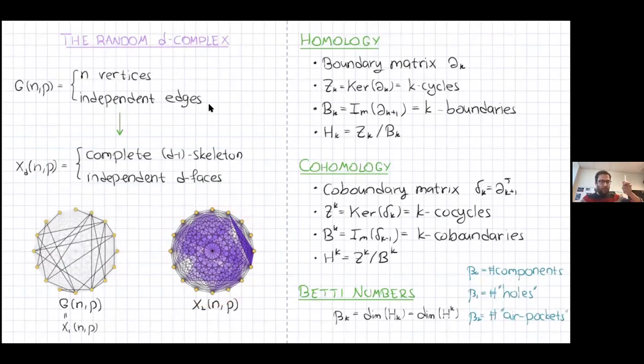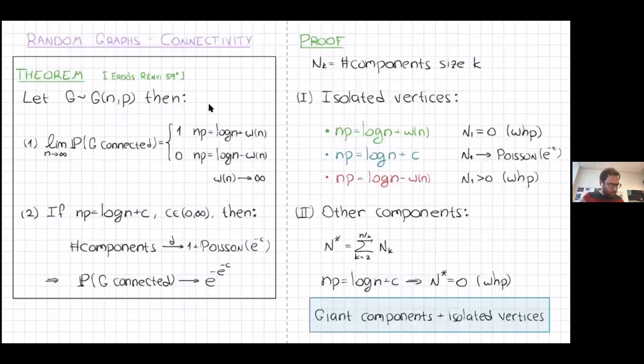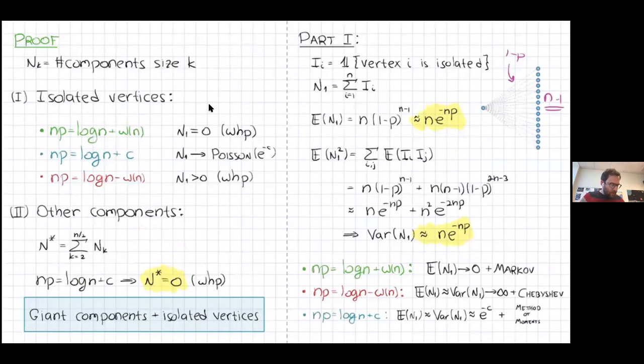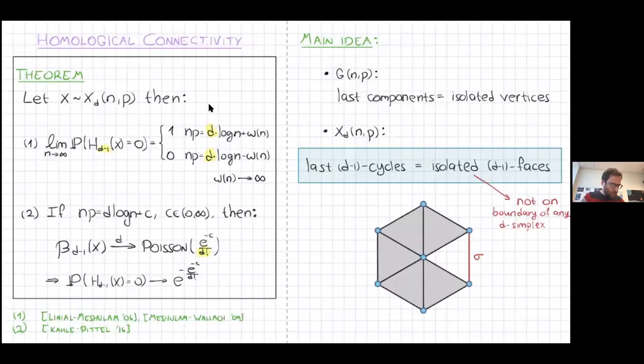As we increase the probability, we have more and more triangles filling in those holes until there are no more holes, or no more one-cycles. So similarly, right before all the cycles get filled in, which is what we call homological connectivity, the only cycles that we have are coming from what we're going to call isolated d-1 simplexes, or d-1 faces.